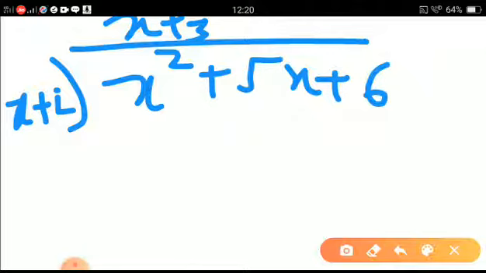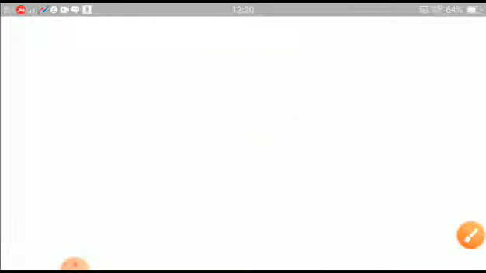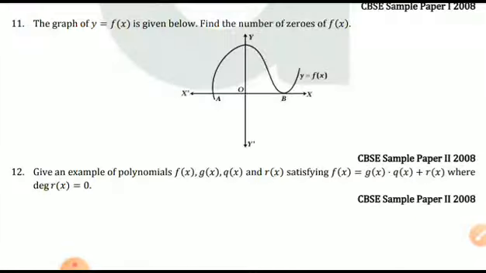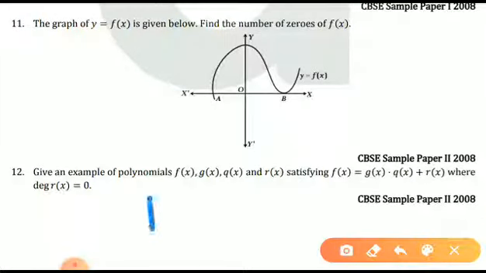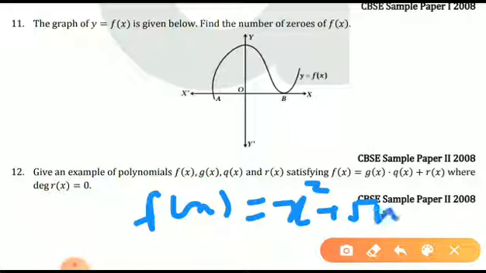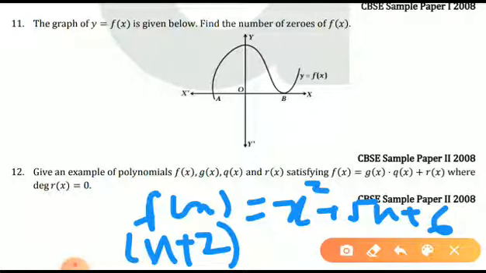Okay. So it is for 1 mark. You just have to write what is your f of x. Now in this case my f of x will be x square plus 5x plus 6. G of x, I can take either x plus 2 or x plus 3, any. G of x will be x plus 2.